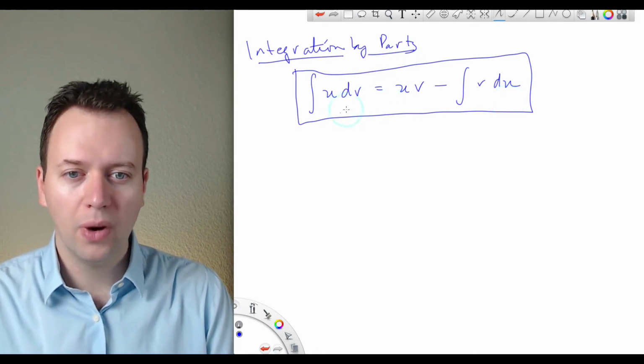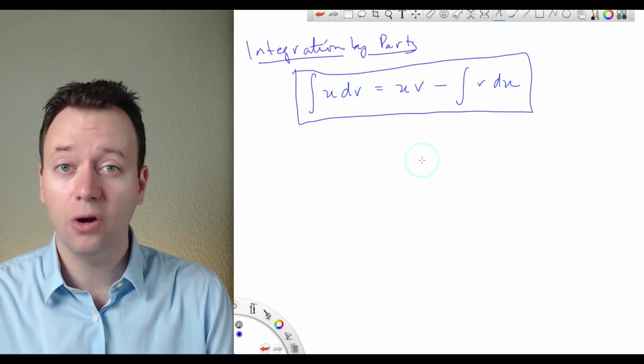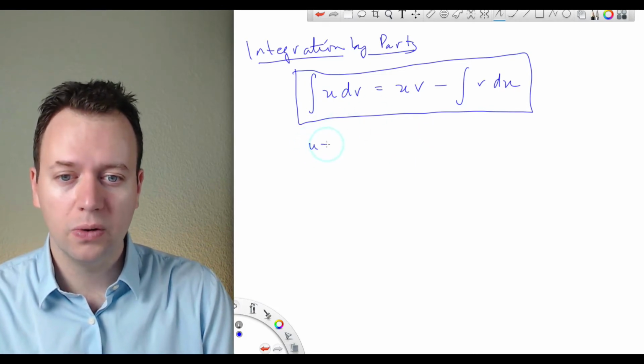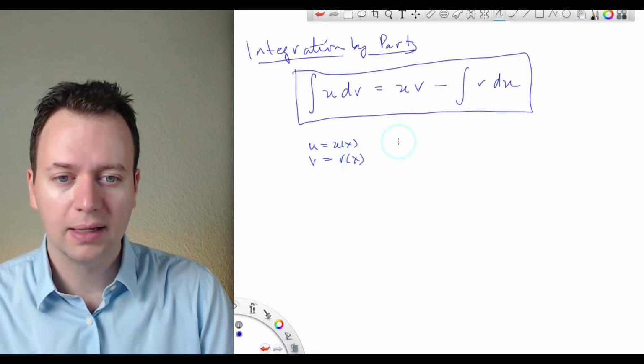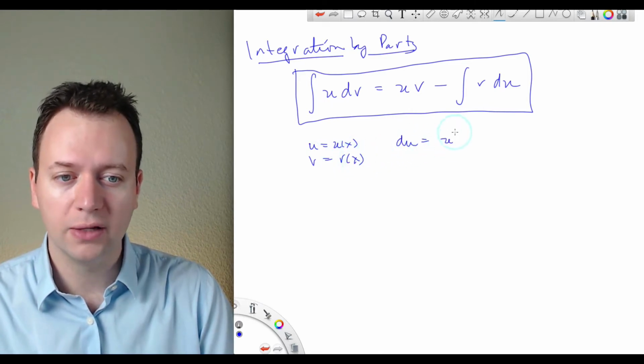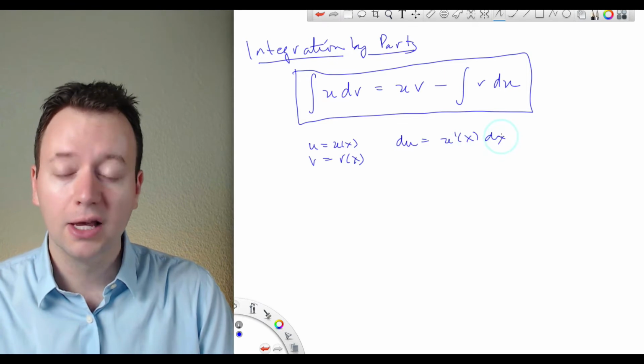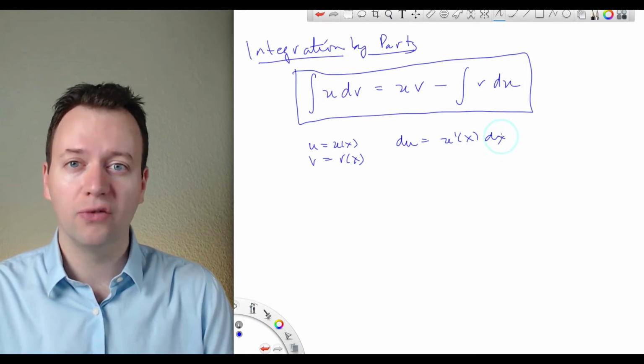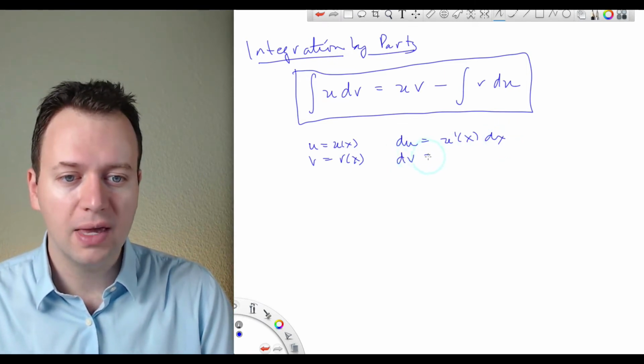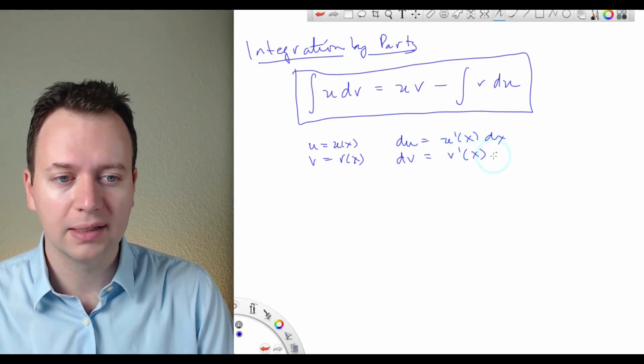But right now, what we have is u and v are both functions of x. So u is a function of x, v is a function of x, and then du represents u prime of x dx. So du is just the differential of the function u, and then dv represents v prime of x dx.